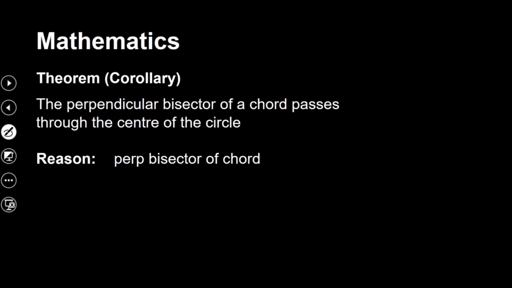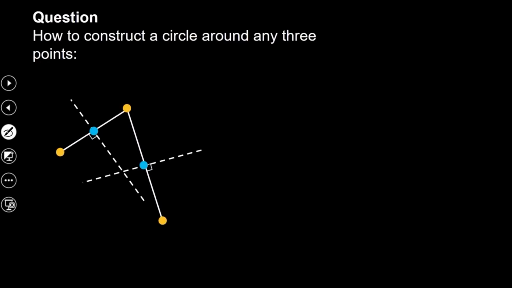So that means if I construct another perpendicular for this other chord, which is this one here, where they intersect one another will then be the center of the circle, which I will call O. And therefore, using your compass, you will place your sharp point here, and then your pencil on any point. When you construct the circle, you will see it will pass through all 3 points that we have there.